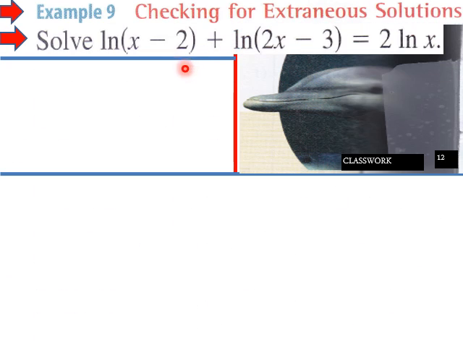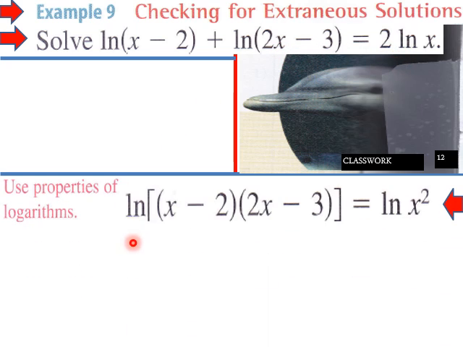Checking for extraneous solutions. Solve natural log of x minus 2 plus natural log of 2x minus 3 equals 2 times natural log of x. So use properties of logarithms. Up here, natural log of x minus 2 times 2x minus 3. This is the product property of logs, equals natural log of x squared.